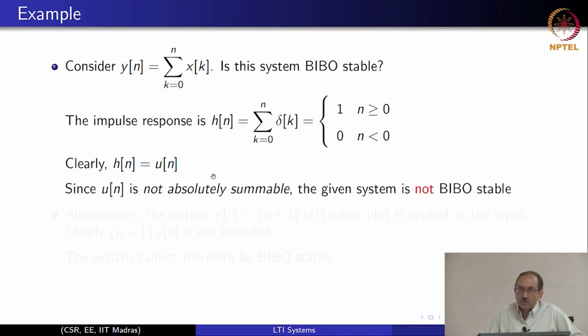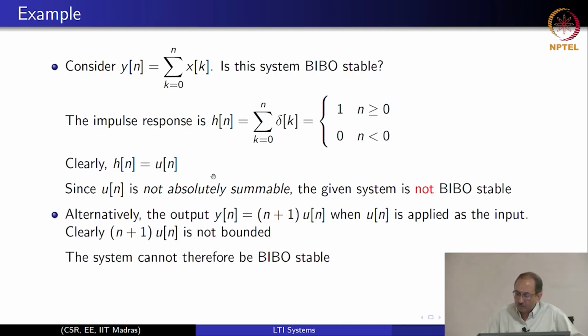So, this example that we saw in terms of a bounded input u of n producing a ramp as the output, and therefore that is not bounded, is also seen in terms of the impulse response not being absolutely summable. In this case, the impulse response is u of n, right. Therefore, this system is not BIBO stable.